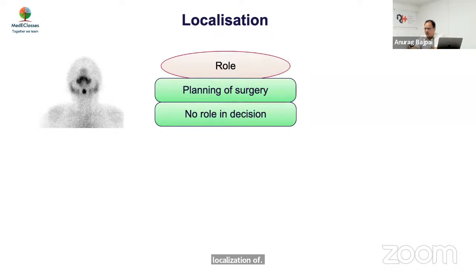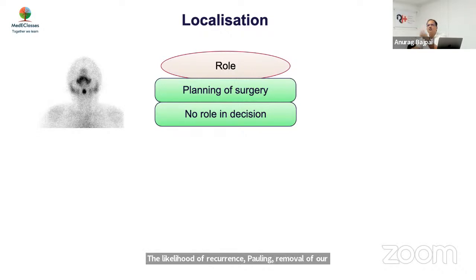In children and in adults below 30 to 40 years of age, we do not rely on the scan findings to decide about the surgery, because as I said, the likelihood of a multifocal lesion is more. The likelihood of a genetic cause is more. The likelihood of recurrence following removal of an adenoma is more in this setting.